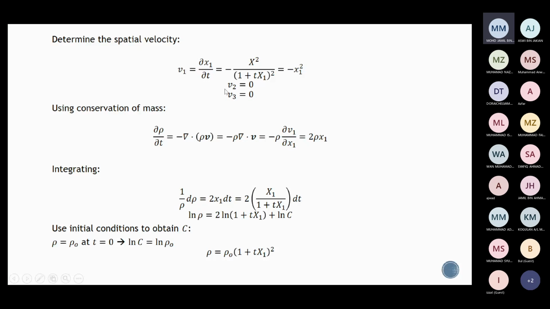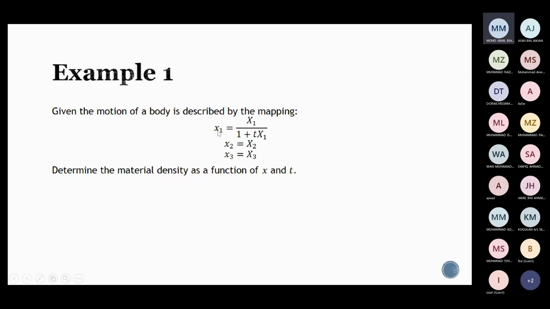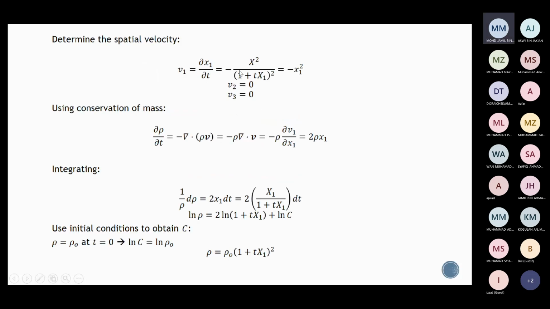So if you look at x1, so x1 is this relationship. So you just differentiate x1 with time. So only time is the variable, while the others we assume constant. So we get negative x1 squared divided by 1 plus t x1 squared.